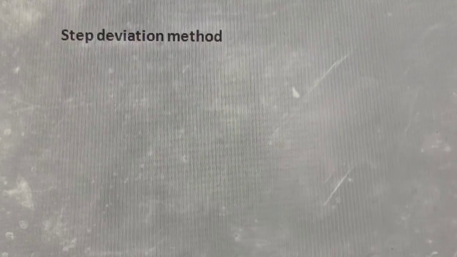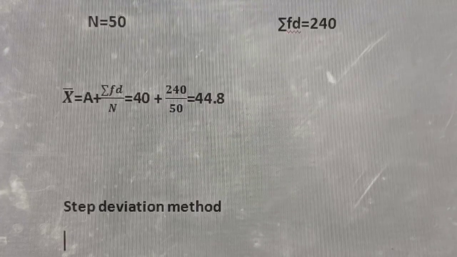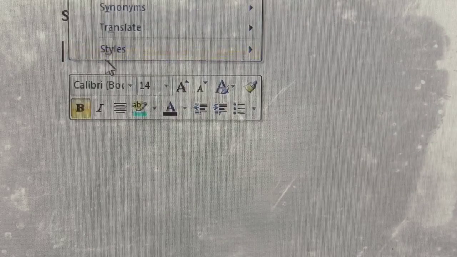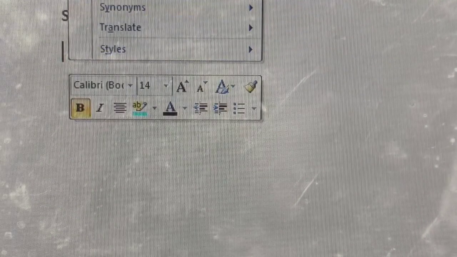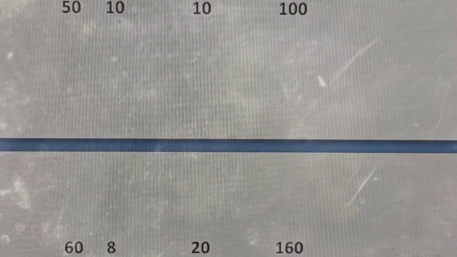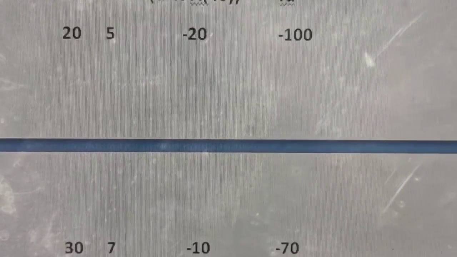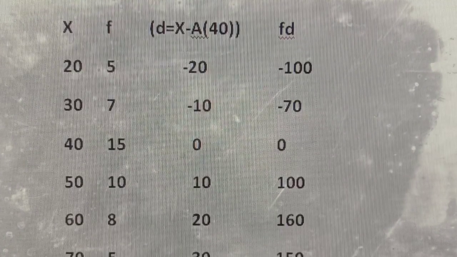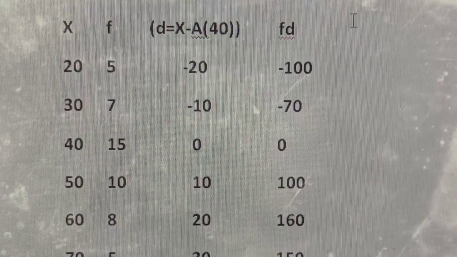Same as the value we can put here. We got the same value here. The extra thing we add here is d.